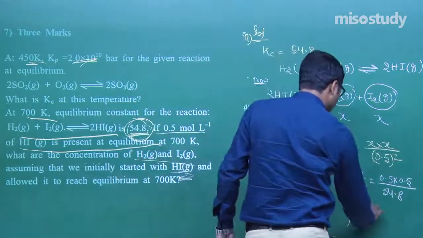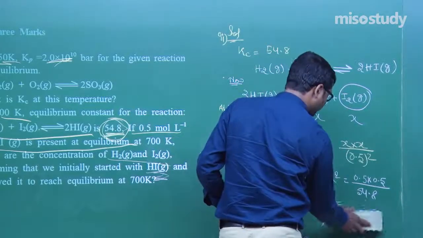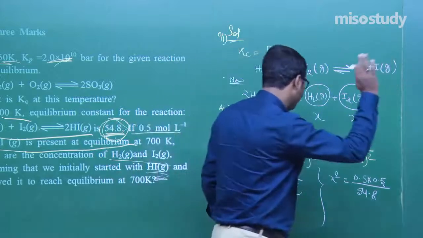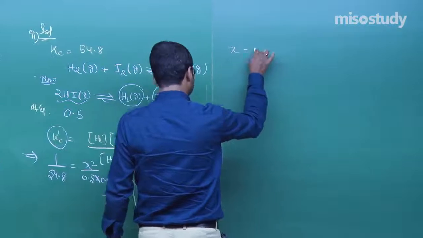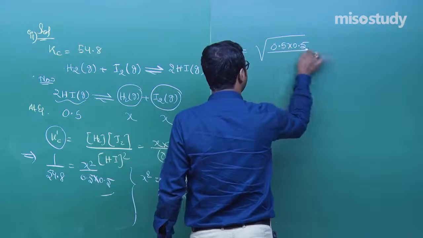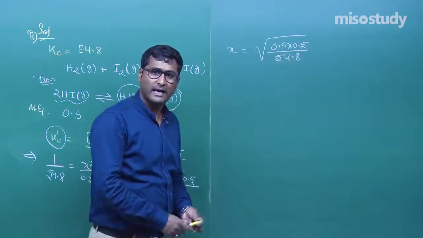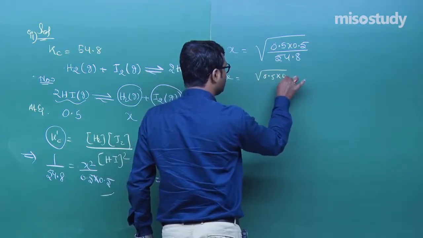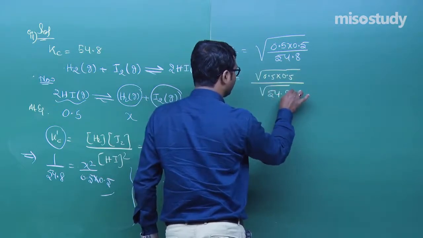Now X is equal to root under 0.5 into 0.5 divided by 54.8. Is it visible to you? Clear?